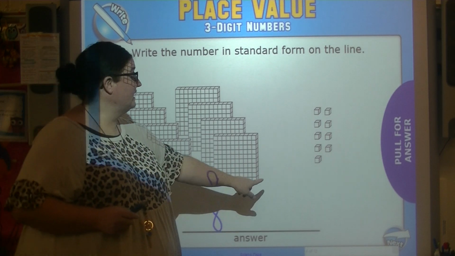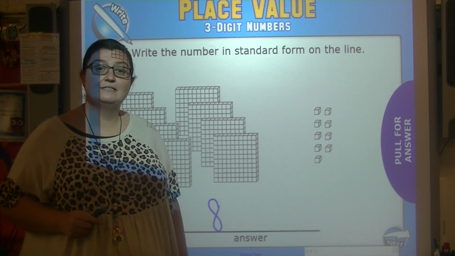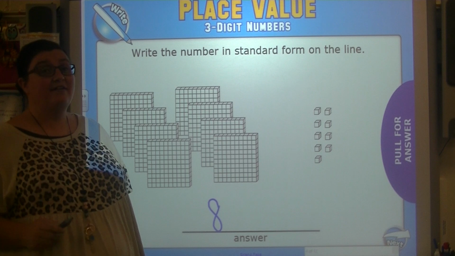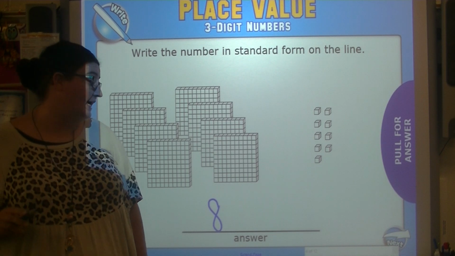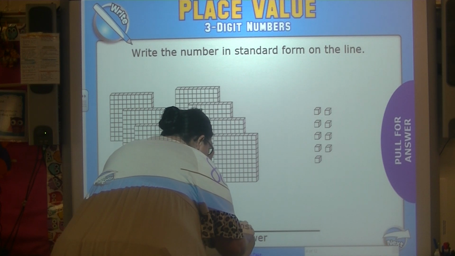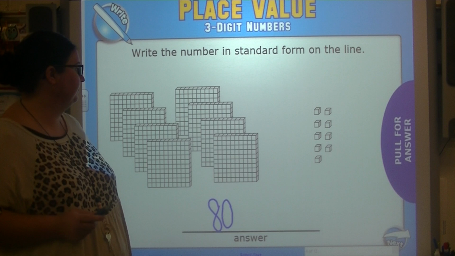All right, we don't see any, do we? So do we just skip the tens place? No, we can't skip the tens place. We have to put a 0 in as a placeholder. So we put a 0 in the tens place. That means we have no groups of tens.